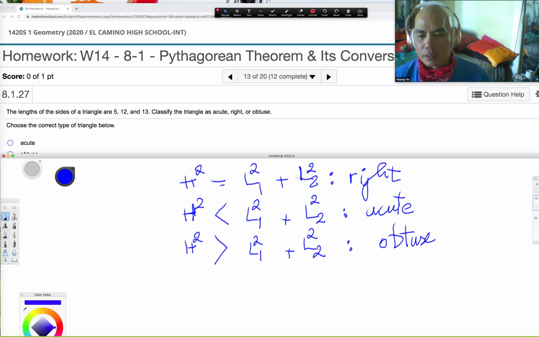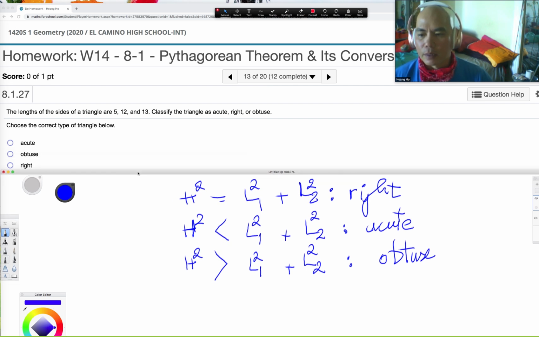All right. So let's use this, and they give you 13. So I take 13. That 13 is the longest, so I square it. That's 169. Okay. And I compare with 5 squared and 12 squared.